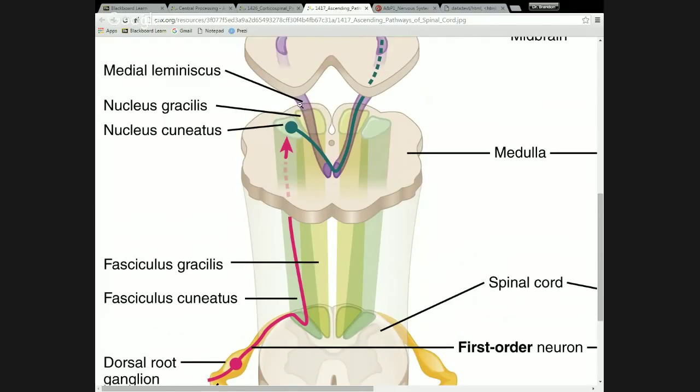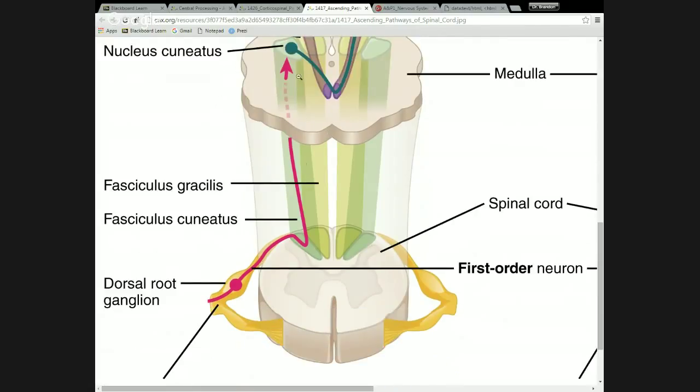And in the medulla, the nuclei that they connect to are in fact named the exact same thing. So fibers in the fasciculus gracilis from the lower body go to the nucleus gracilis, and fibers in the fasciculus cuneatus from the upper body go to the nucleus cuneatus. This particular picture is just showing a fiber in one position based on the drawing of the cross-section of the spinal cord here.